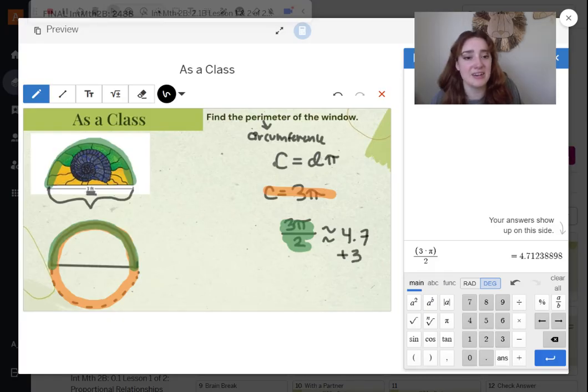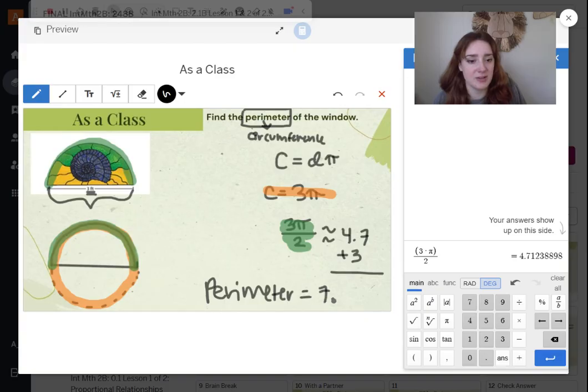So we're just going to add 3 to that, right? Because again, from the beginning, our goal was to find the perimeter if we're walking this entire object. This one was a little bit tricky because we're using circumference and adding onto it. That would give us, so perimeter equals 7.7 feet.